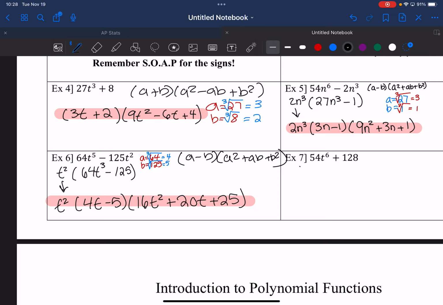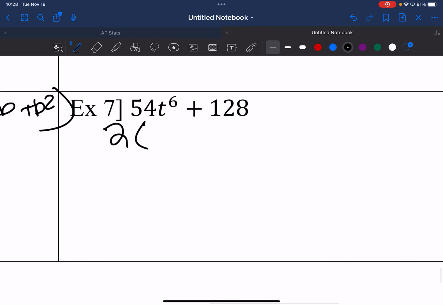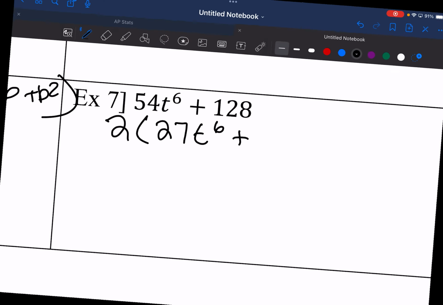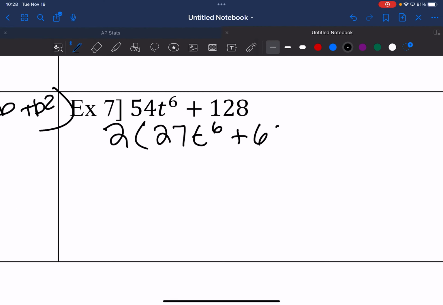Okay, so if I take out a 2, I'm left with what? 27t to the 6th power plus 64. Okay, what do we notice about this? You can't do anything because it's a t squared. Okay, so we could still do something, right?